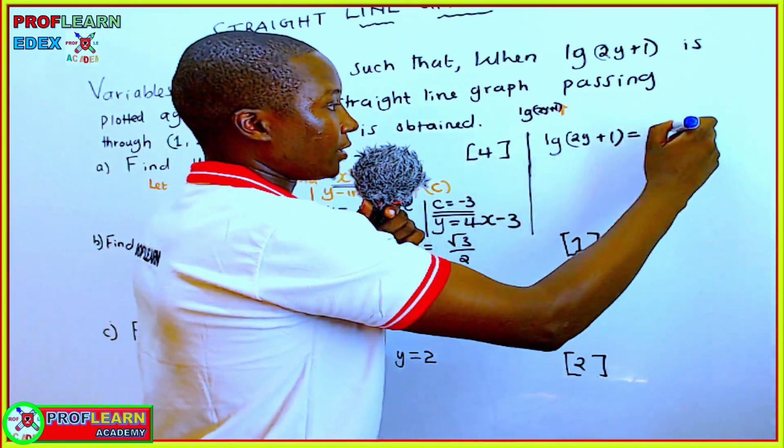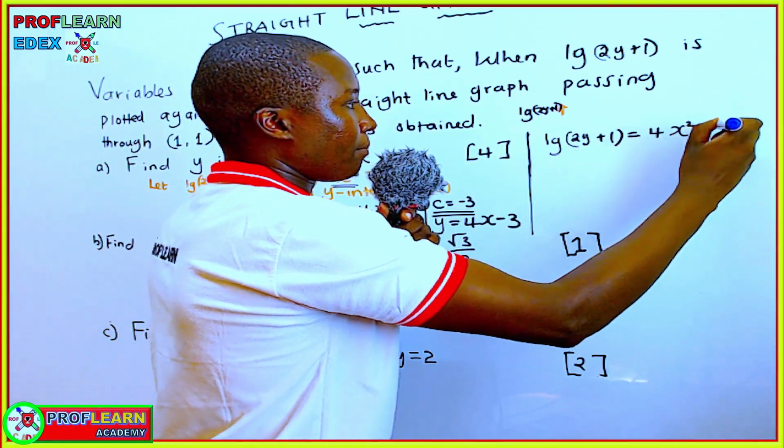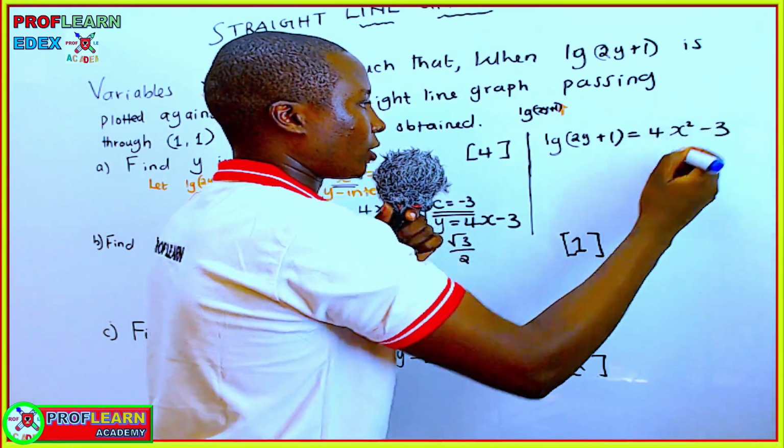So we're going to say this is 4x squared, then minus 3, the one that we had gotten.